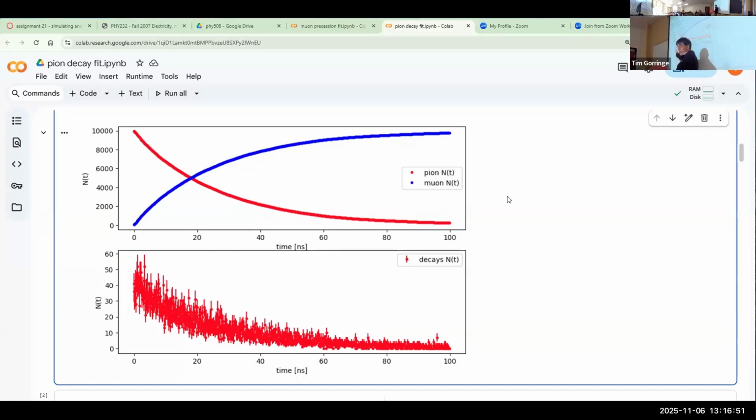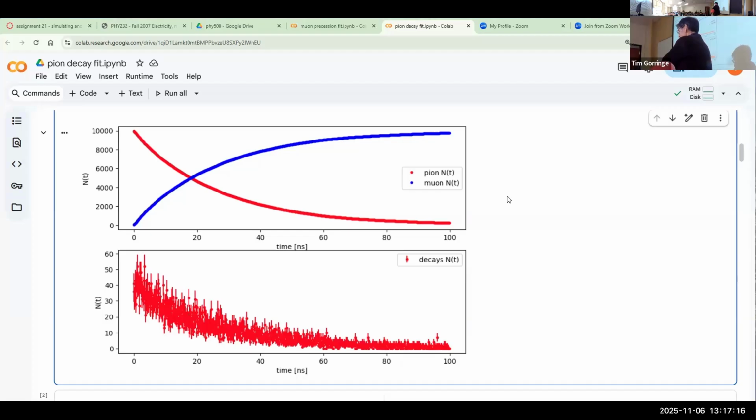We don't even have 100 counts to start with. So this idea that the error bars are the square root of the number of observed counts is probably okay over here. It starts to really be not okay over here.